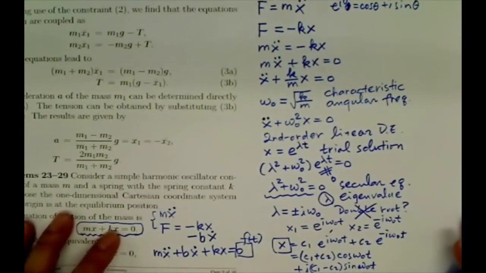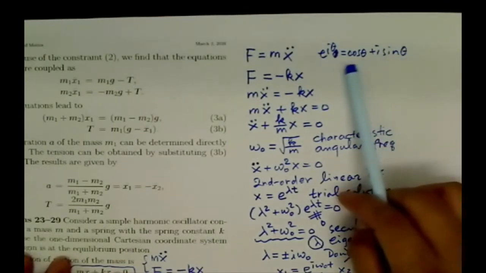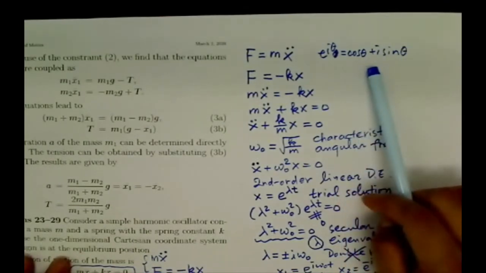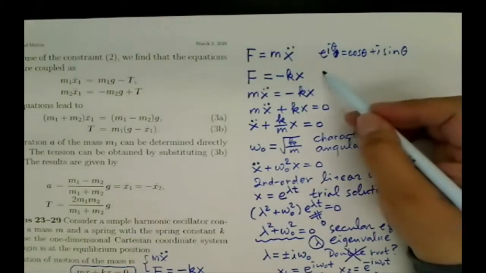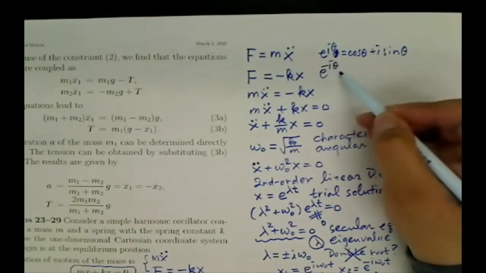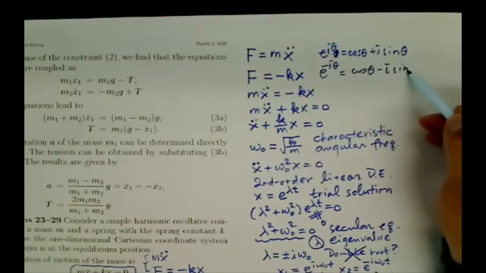We know the exponential function e to the i theta is the sum of cosine theta and i sine theta, and e to the minus i theta is cosine theta minus i sine theta.